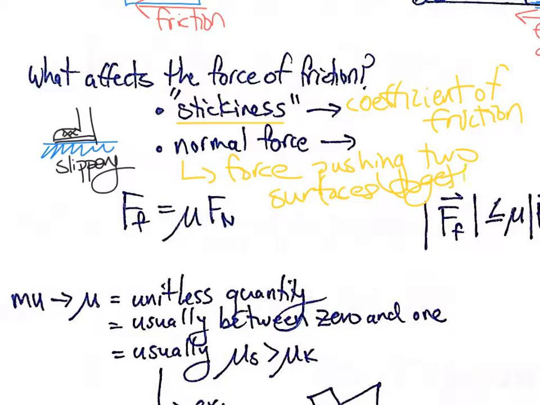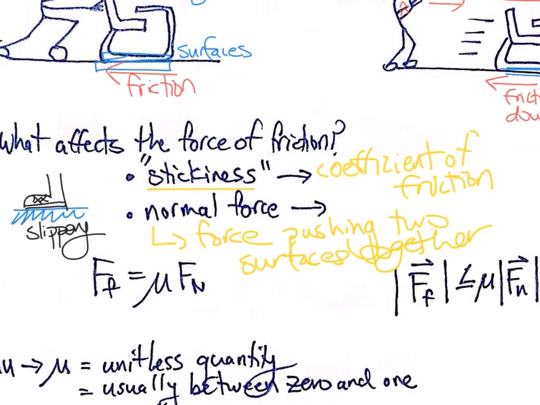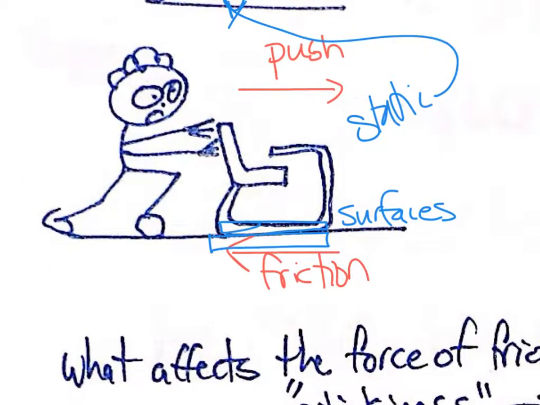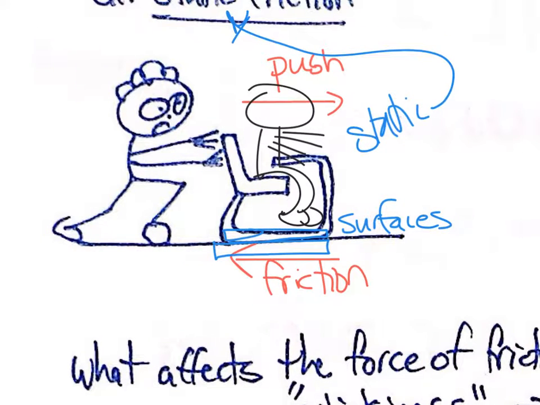It makes sense that the more you push the two surfaces together, the more friction there will be. For example, here's your teacher trying to push on the desk, and the students are laughing at him. And then some kid comes and sits in the desk, and now they're really laughing at him. Ha ha ha.